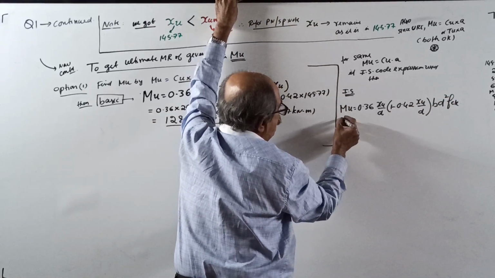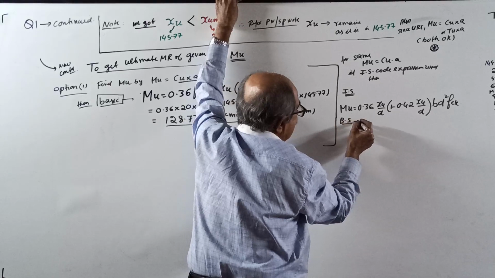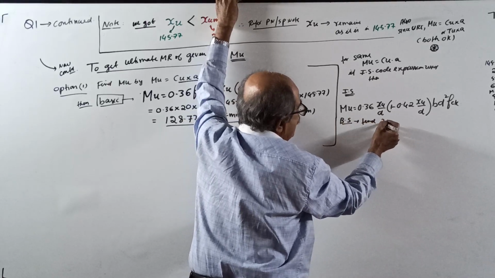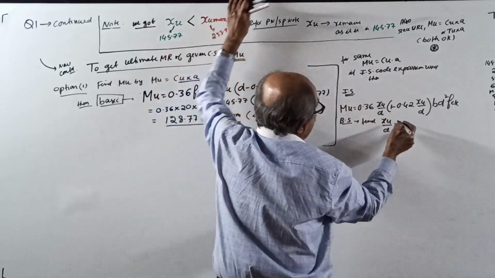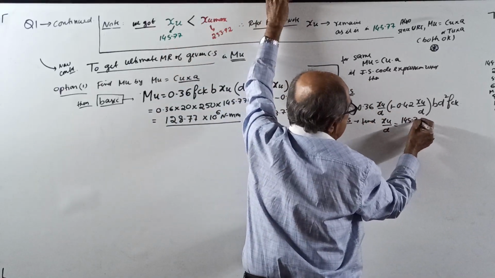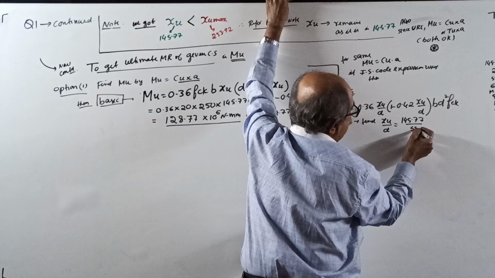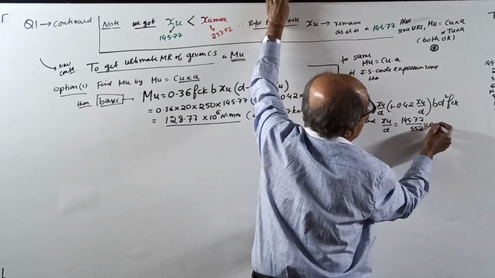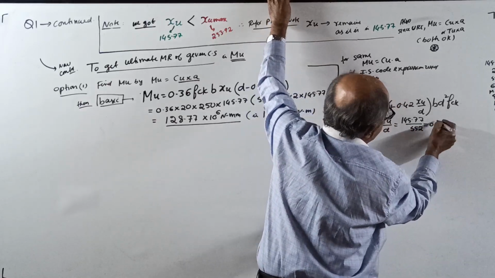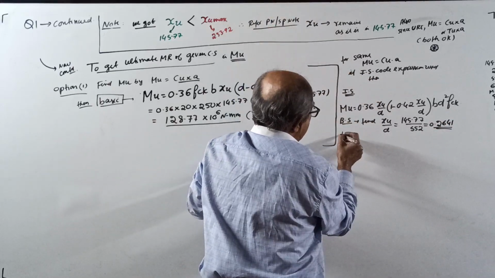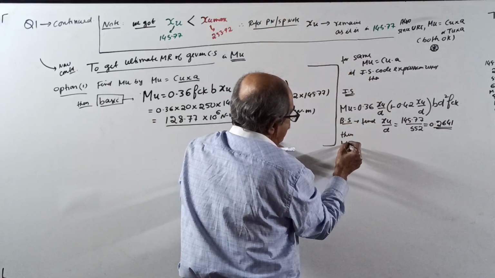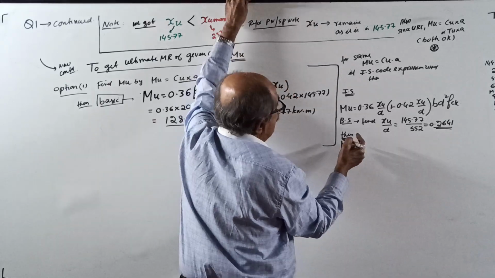Find the value of Xu by d: Xu is 145.77 divided by d, which is 552. With a little more accuracy, it is 0.2641. I calculated to 4 decimals.